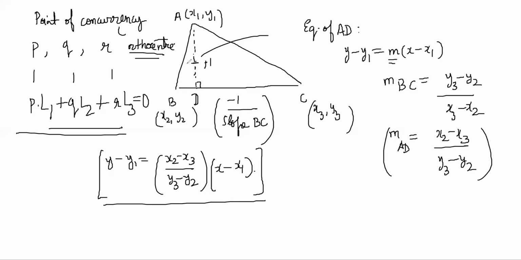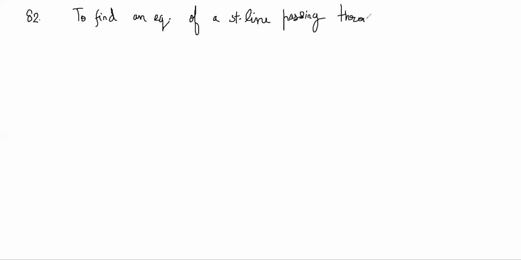So let's do Article 82. I will say Article 82: to find an equation of a straight line passing through the point of intersection of two lines.